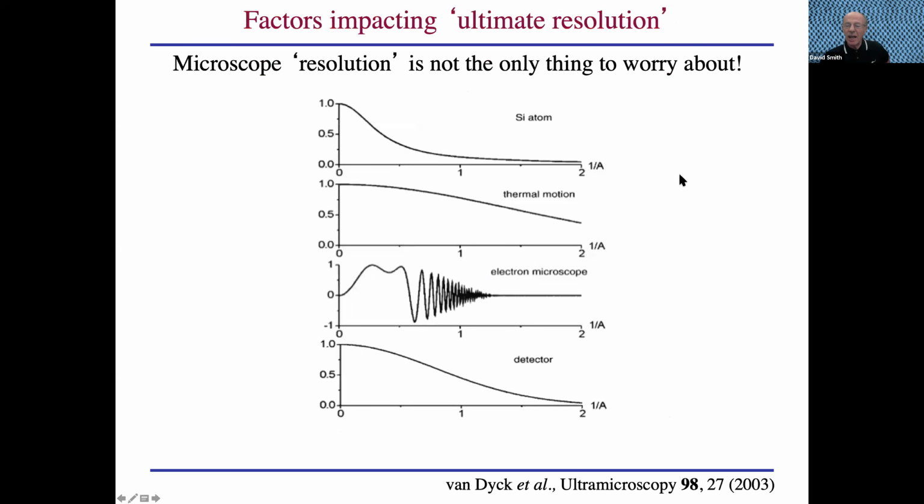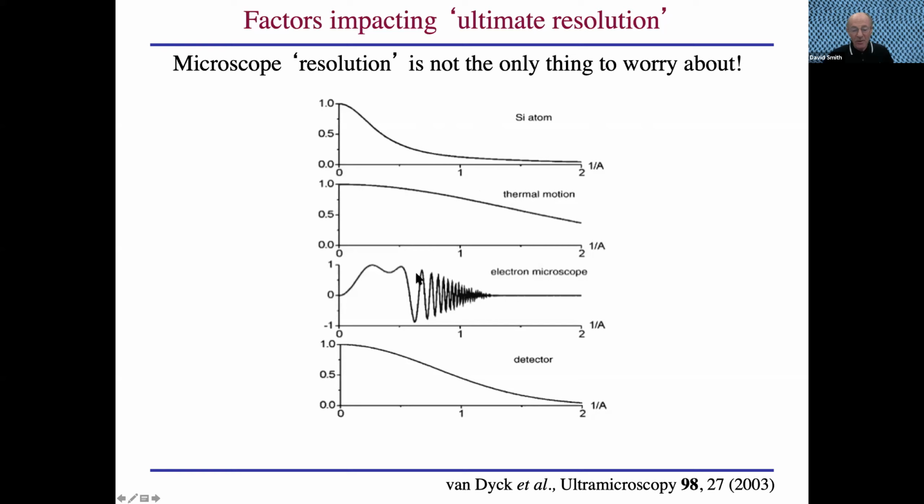Well, I take this slide from Dirk van Dyck to point out that if we're worried about what is the ultimate resolution in our different microscopes, the resolution per se is not the only thing we have to take into account. For example, all atoms will scatter more and less to high scattering angle. The atoms are vibrating, and so information will be smeared out at higher scattering angles.